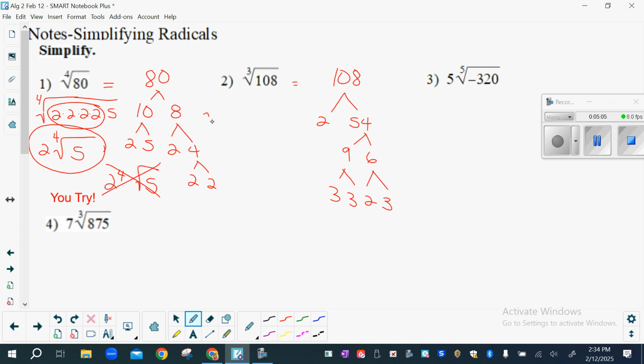So this is the cube root of 1, 2 2's and 1, 2, 3 3's. This time we're looking for groups of 3 because it's a cube root. So we're going to circle the 3 3's, and then what do we put on the outside to simplify that? 3, just a 3. Cube root, don't forget that cube root, and then we have 2 times 2, which is 4.